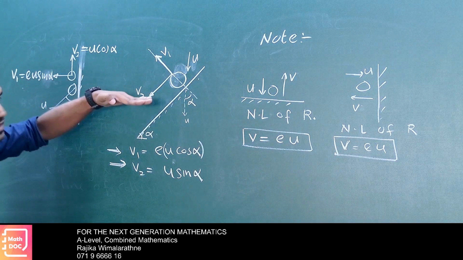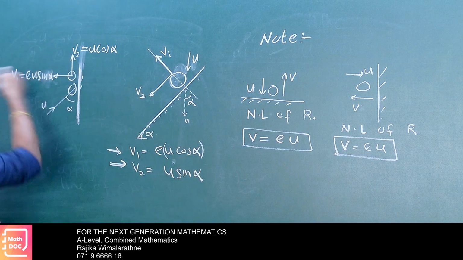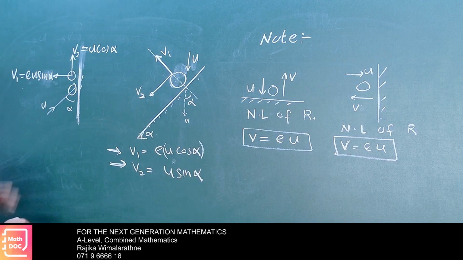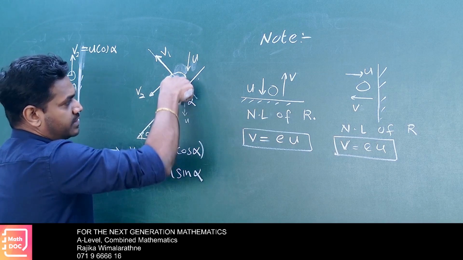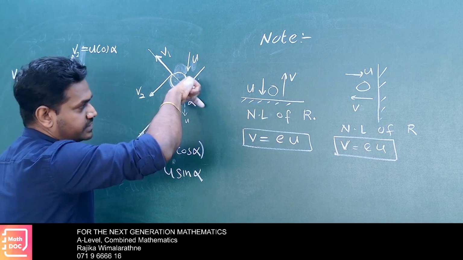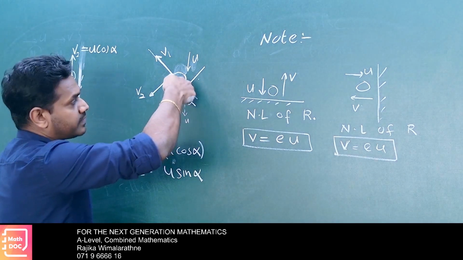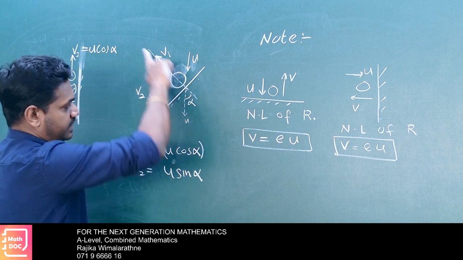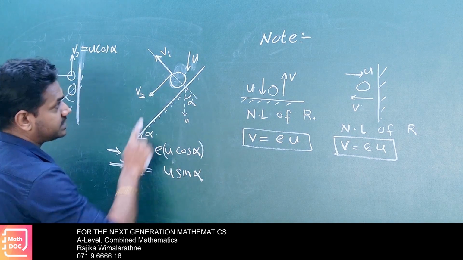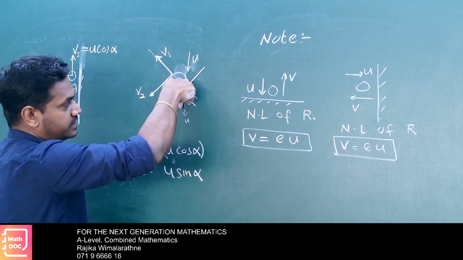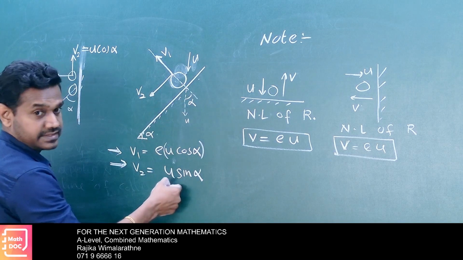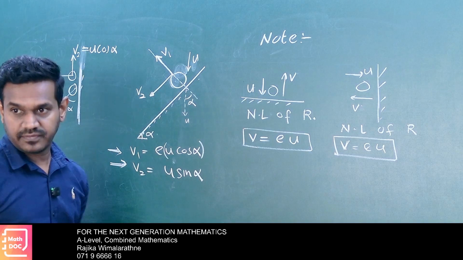Perpendicular to the plane, the velocity component u cos alpha is multiplied by e, that is v1. Along the surface there is no collision, so u sin alpha remains as it is. That is a slip.